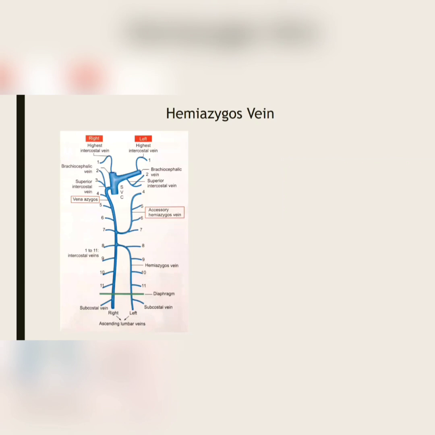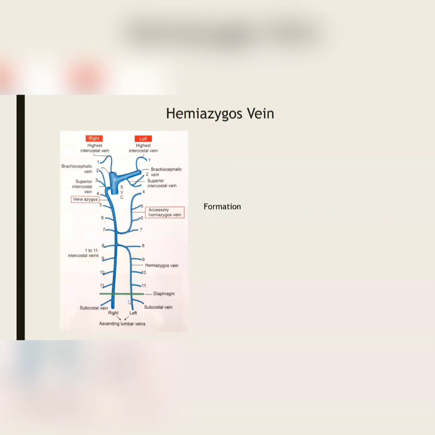Hemiazygos vein. Can you tell me the formation of the hemiazygos vein? If you look at the diagram, it'll give you a clue. Formation of the hemiazygos vein is somewhat similar to the azygos vein on the right side. Yes, so this is the hemiazygos vein on the left side.